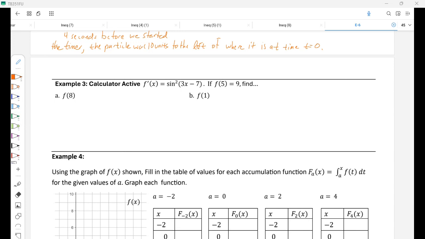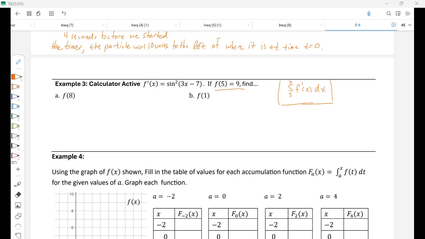If I know that f of 5 equals 9, the accumulation function that I'm thinking about is the integral from 5 to x of f prime of x dx. This is the accumulation function that's going to help us out. We're just going to replace the x with whatever we need.